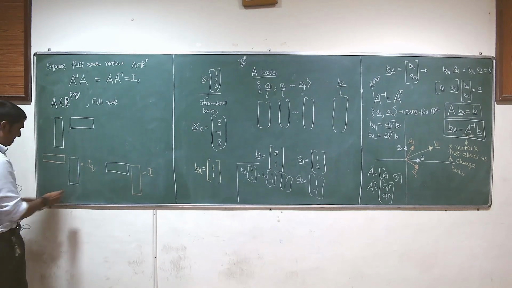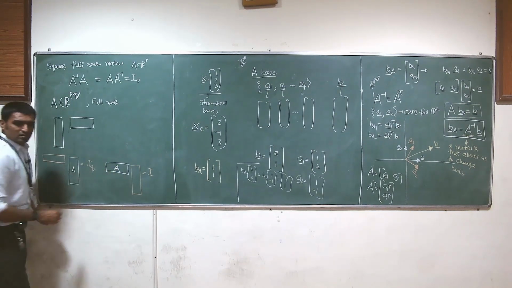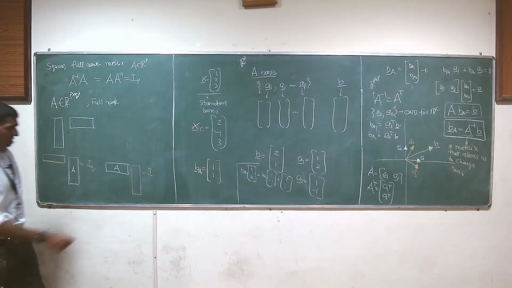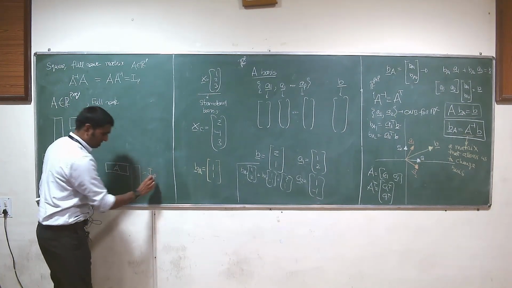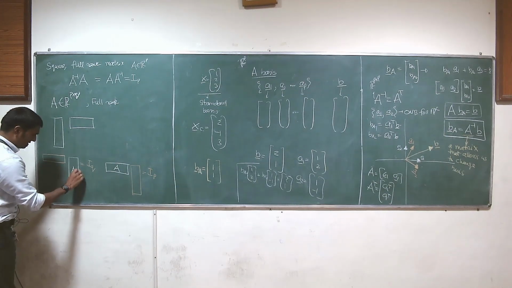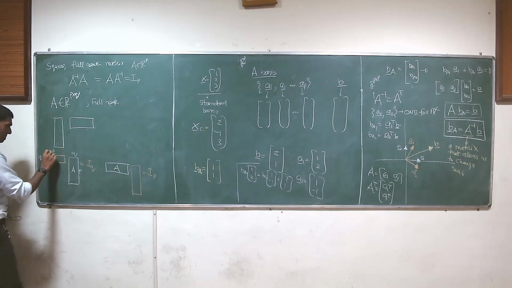This is A. Will this be IP or IQ? So this is P, this is Q, this is Q, this is P.